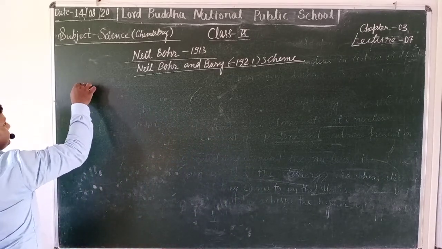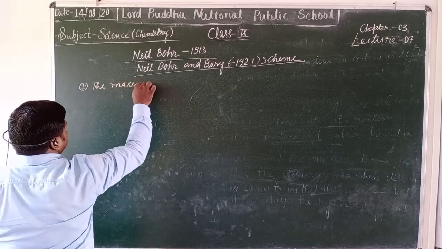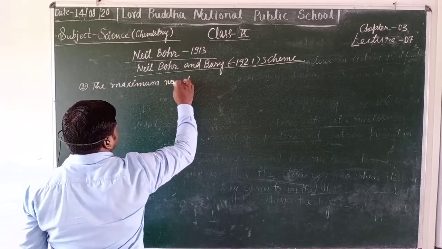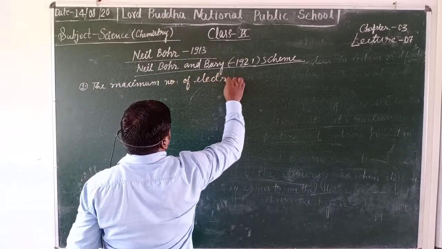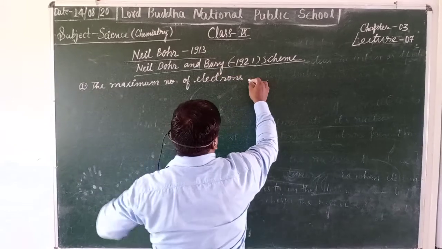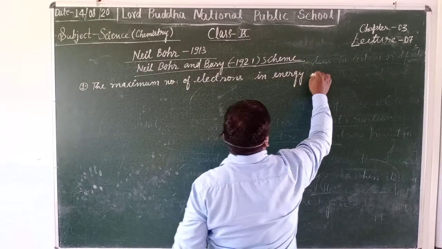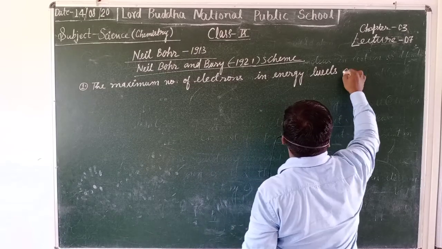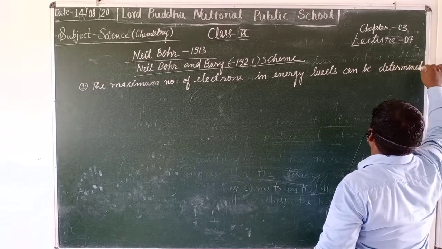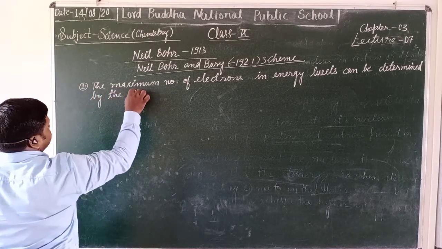According to this scheme, the maximum number of electrons in a particular shell, energy level or orbital can be determined by the formula 2n squared.